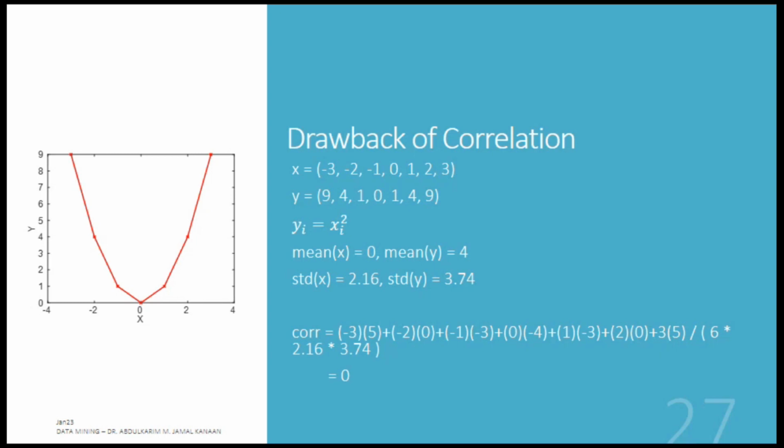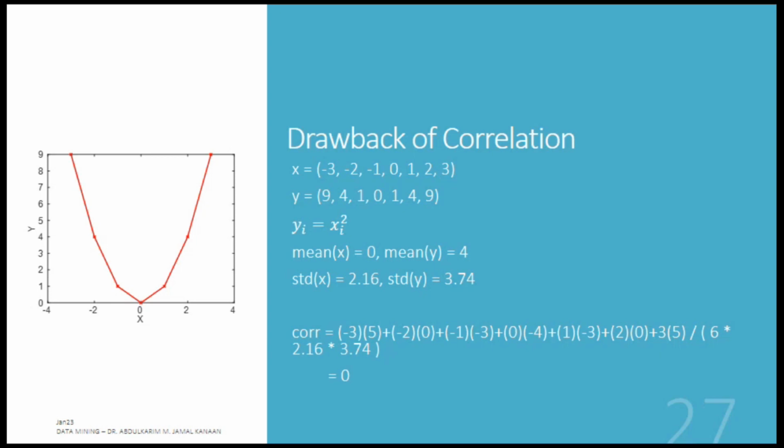Any increment on x is reflected on y with a decrease. The value is going down. After 0, things start to change. As we increase x, the value on y starts to increase. So there is a relationship, but we call it a non-linear relationship. This is why correlation will fail in this case to detect. This is one of the drawbacks of applying correlation.